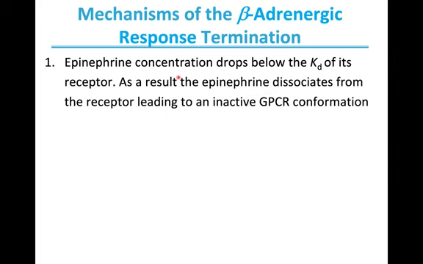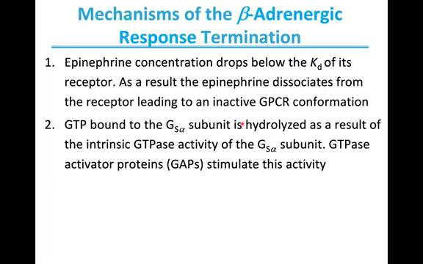If the epinephrine concentration drops below that Kd, then epinephrine dissociates from the receptor, leading to an inactivated GPCR conformation. Again, an active beta adrenergic receptor conformation is required to activate G proteins. In the absence of epinephrine, the GPCR is no longer active. This is the first mechanism.